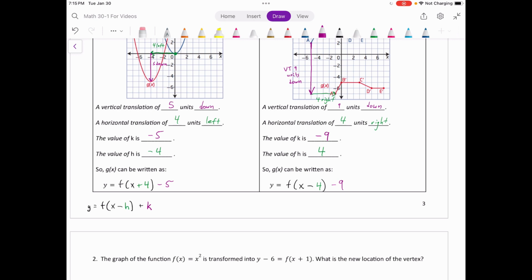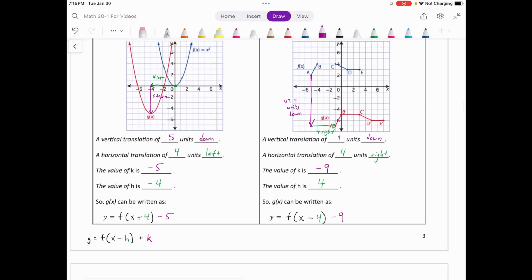And that's the equation of g of x in terms of f of x. Again, this is not the equation for g of x. It's not like you could put this into your calculator and graph it, but it is a description of how to get to g of x from f of x. We will write equations, a little bit today, but mostly tomorrow, equations of transformed functions, like we would actually write the equation for this new parabola, okay?